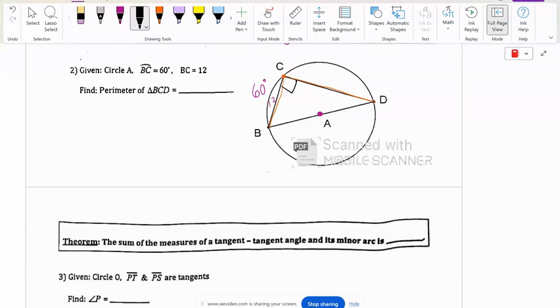We're going to do even more work here. So we know this is a right angle. Now, I see arc BC is 60 degrees. That's the only thing they told us. Well, I'm going to look for an angle that eats the arc BC. Does anybody know which angle intercepts arc BC?